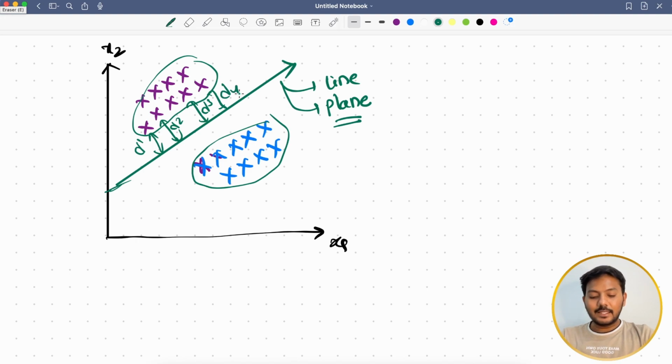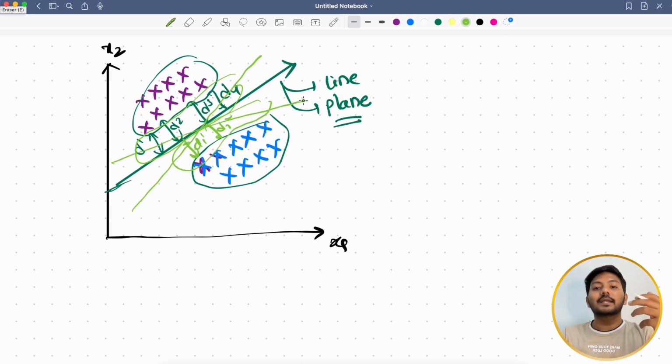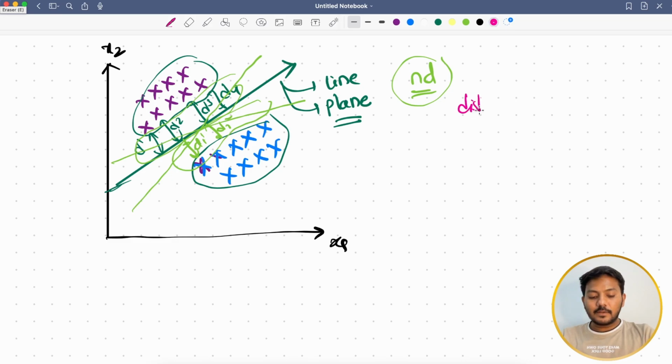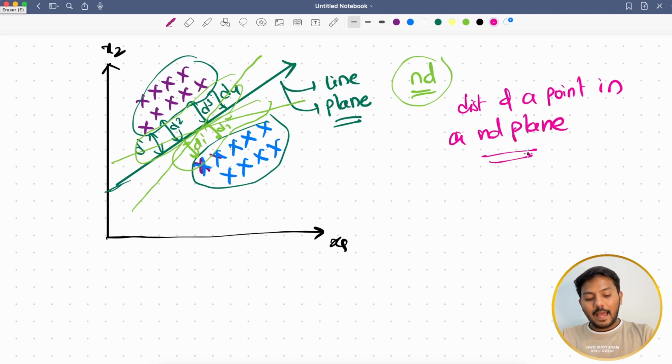By looking at these distances, and by also looking at the distances of points on the other side, d1 dash, d2 dash, like this, I will shift my plane either like this or like this to get the ideal line. So in n-dimensional data, I would have to find the distance of a point from an nD plane. Is that clear?